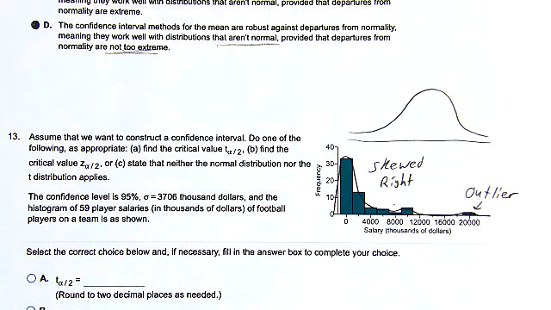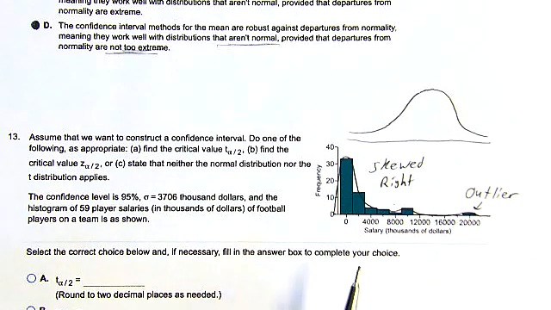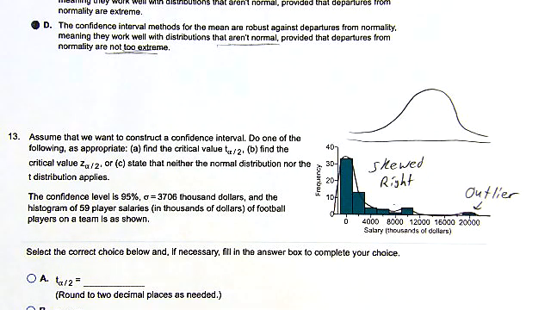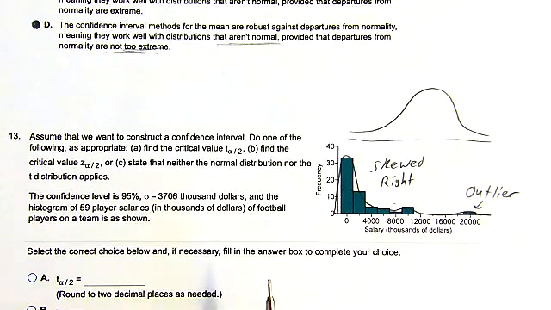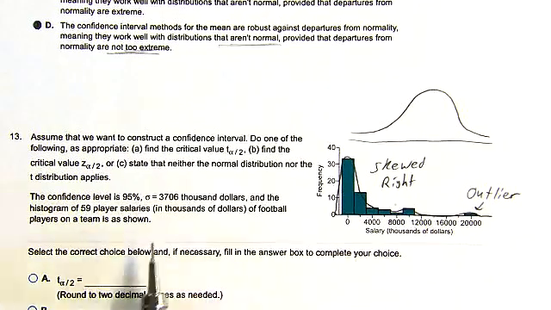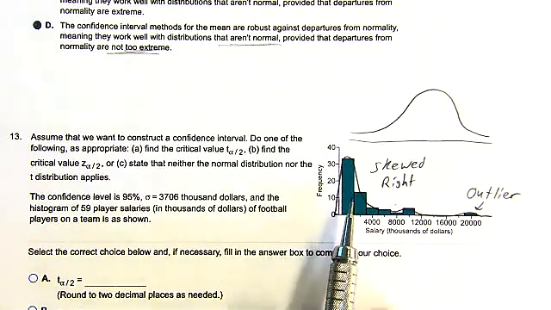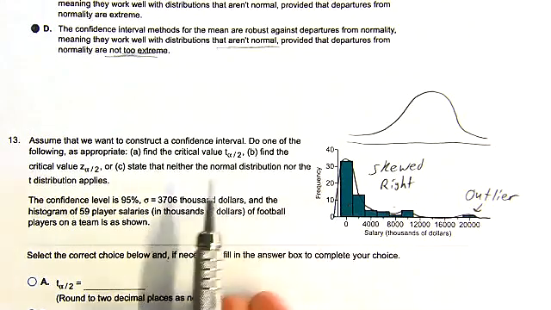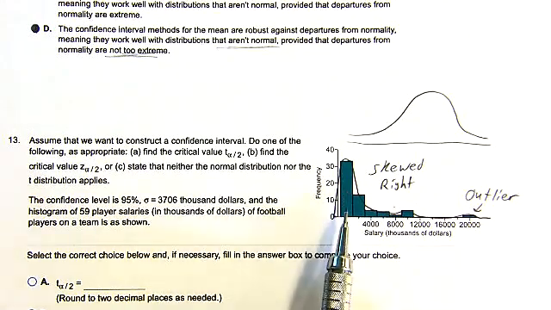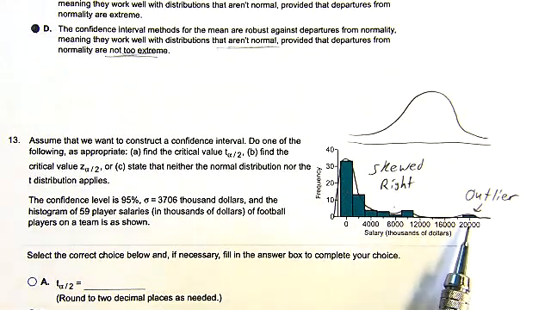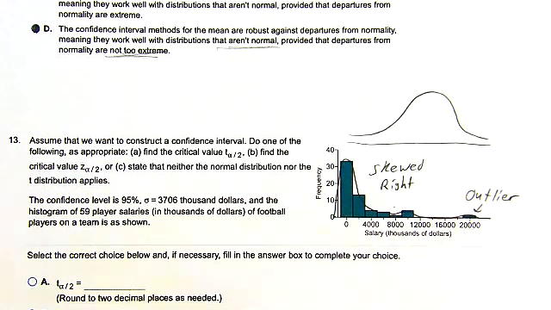Back when I first introduced normal curves, I said if it's skewed right, we won't even touch it. And outliers have to be dealt with very carefully. But here's the thing. When we're doing confidence intervals of means, we can analyze this. So even though it's skewed right, we're still going to use our confidence interval technique.